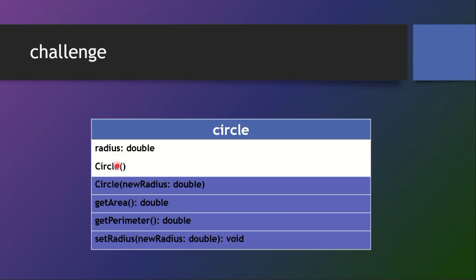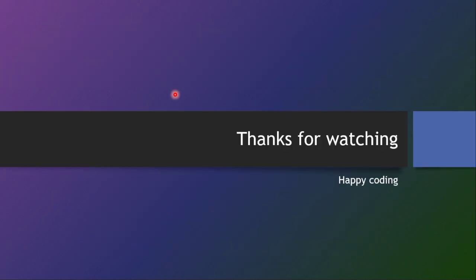And this guy is a constructor, so don't be alarmed. It's not supposed to be there, it's supposed to be in the methods section, but you get the idea. So try to write code for this UML for the circle class, and try to output it and see if you can manage to write your code.